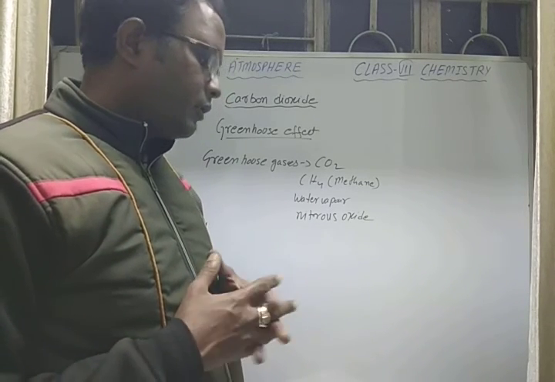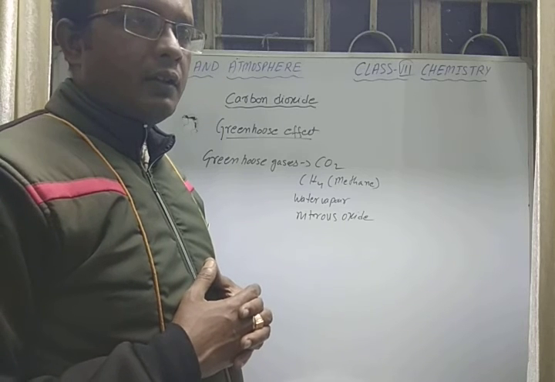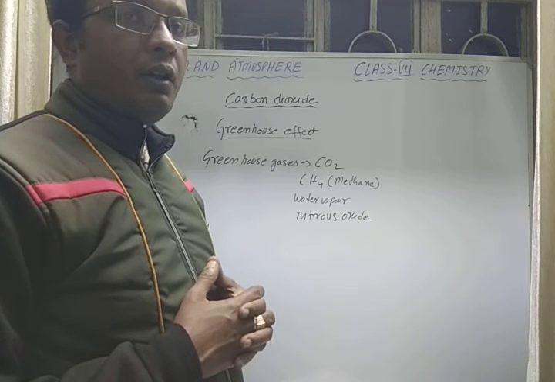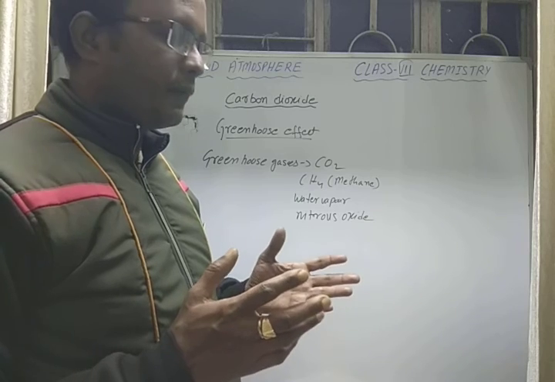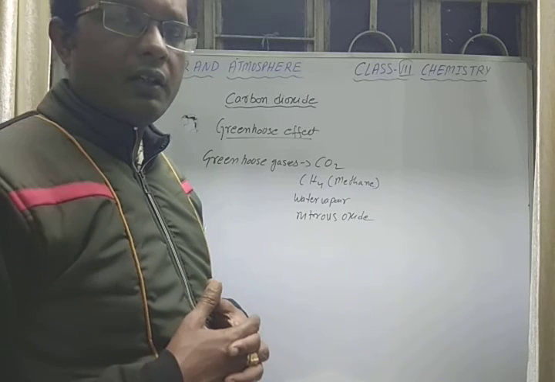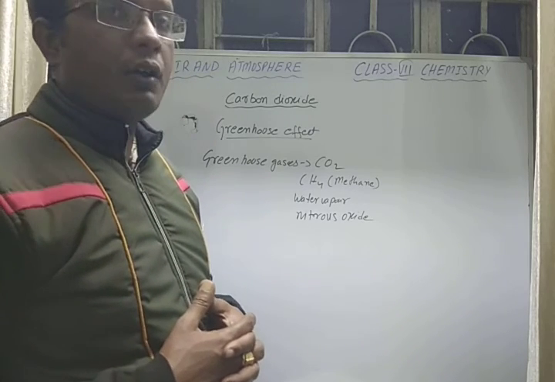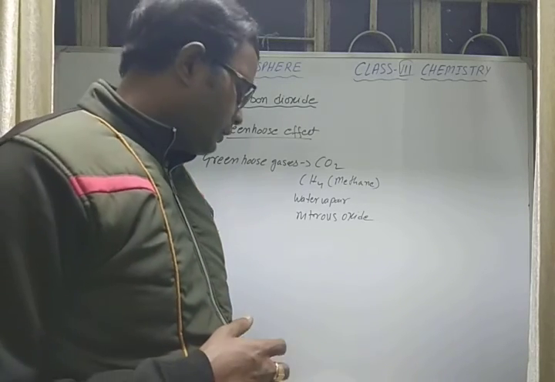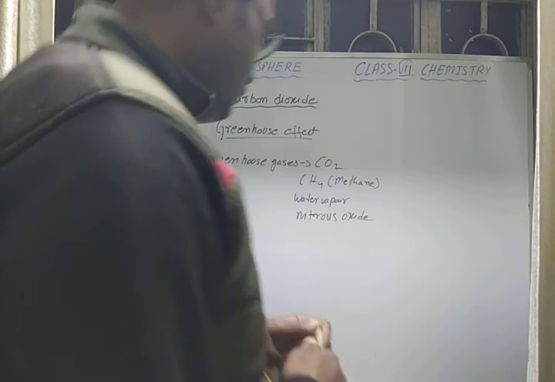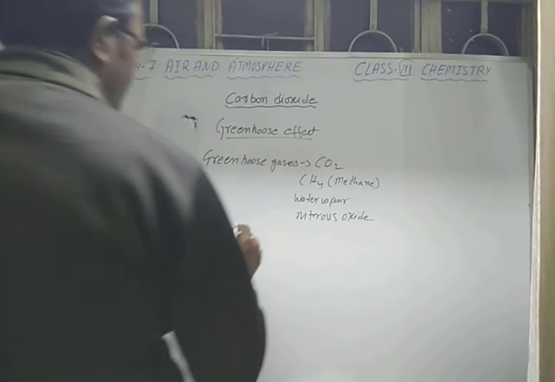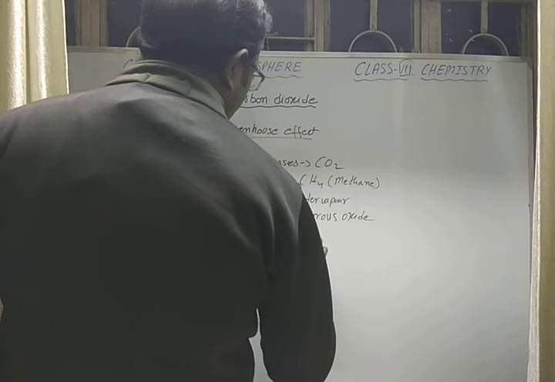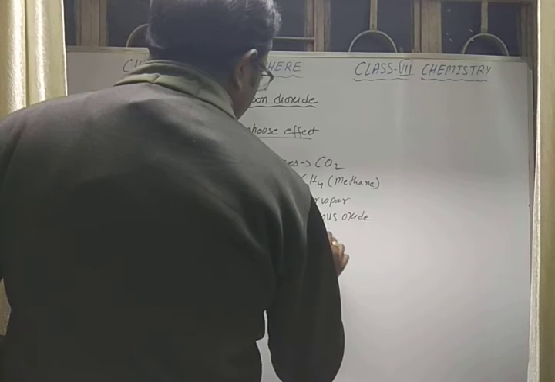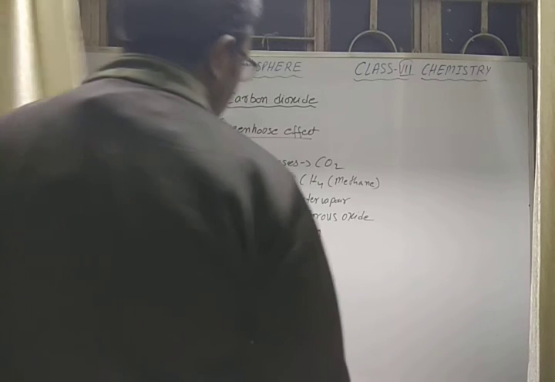This accumulation of the greenhouse gases leads to an increase in the temperature of the atmosphere, and this is called global warming. Its effect is global warming. Very important, you should remember this term, global warming.